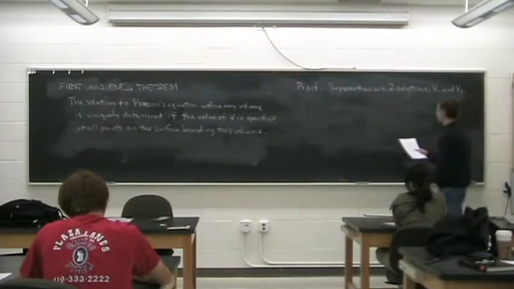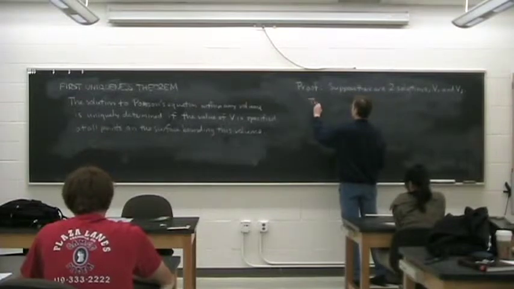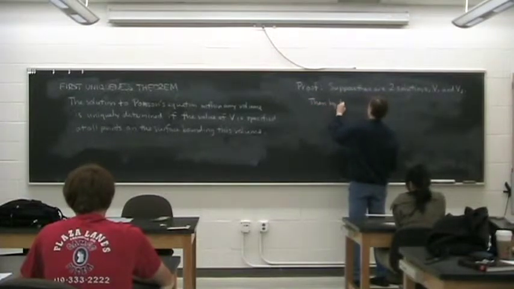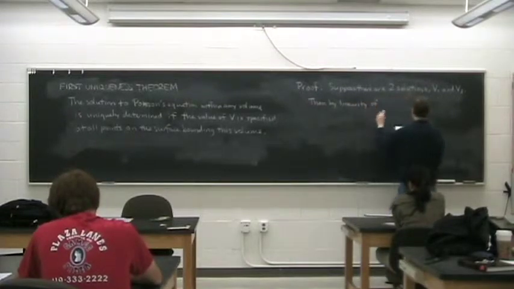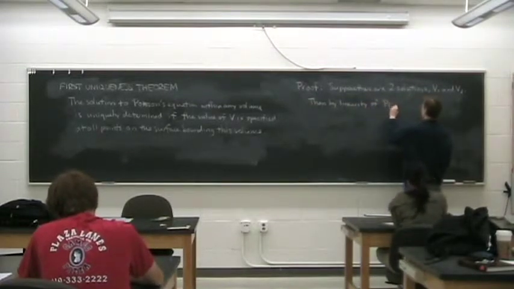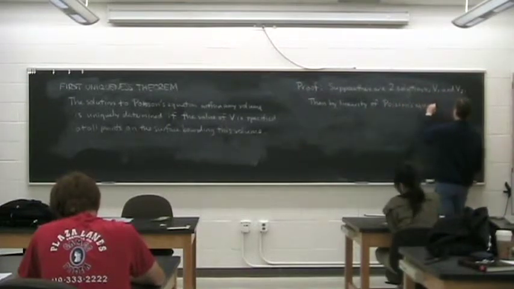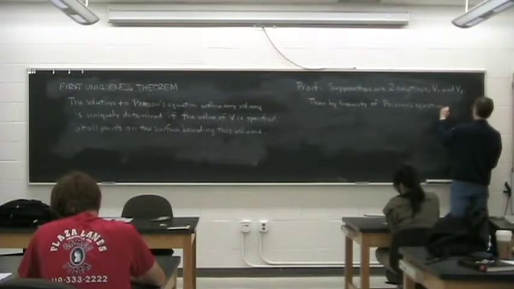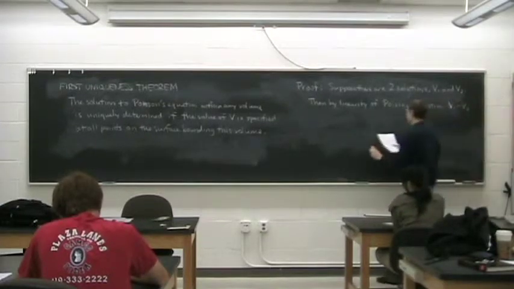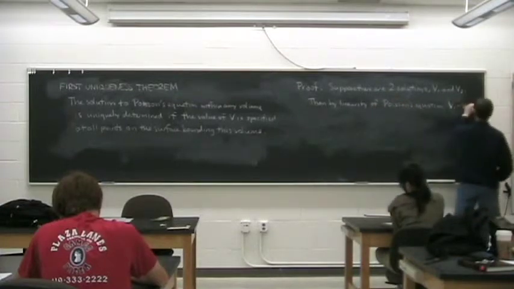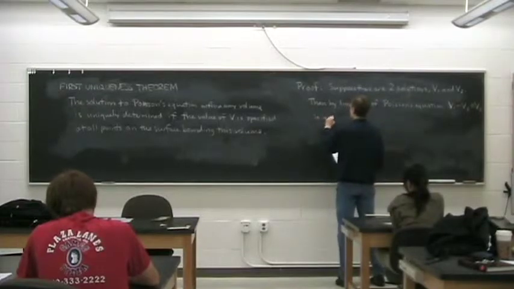So if there are two solutions, V1 and V2, then by the linearity of Poisson's equation, their difference, V1 minus V2 equals V3, is a solution of Laplace's equation.